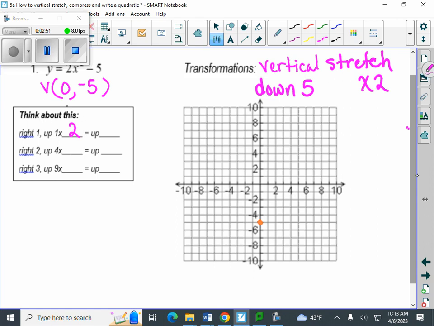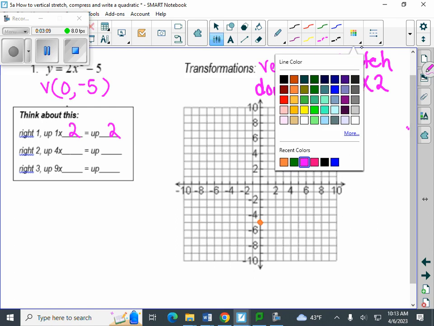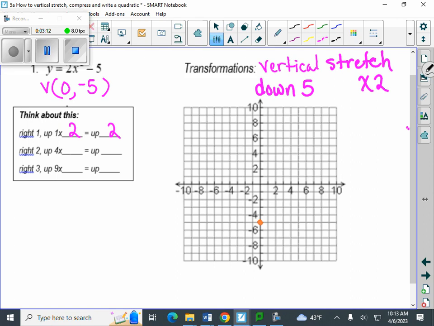The y value, we're still going to go right 1, but instead of going up 1, we're going to go up 1 times 2. We're still going to go right 2, but instead of going up 4, we are going to go up 4 times 2. And 4 times 2 is 8.